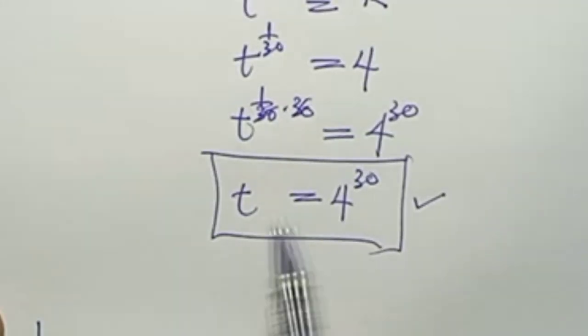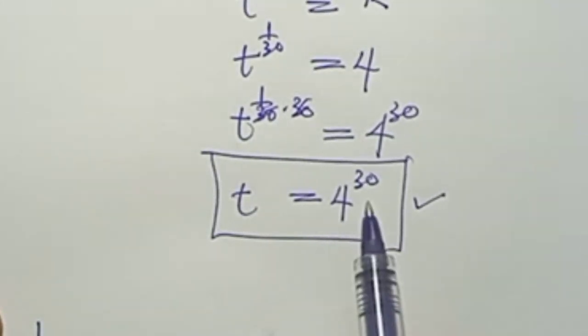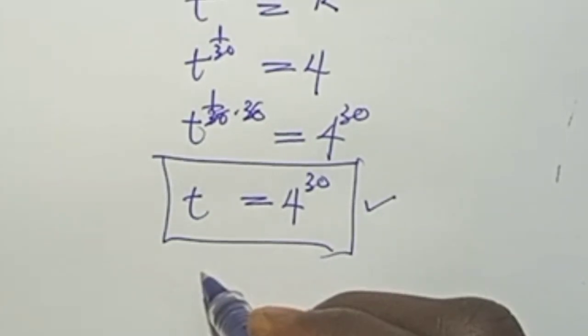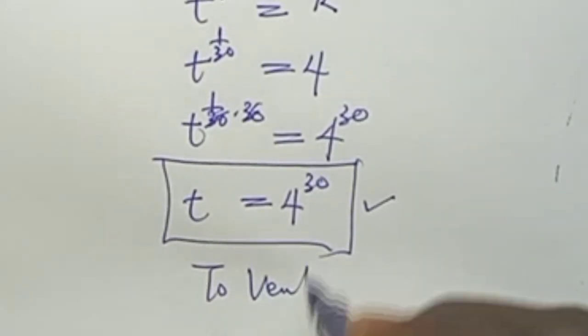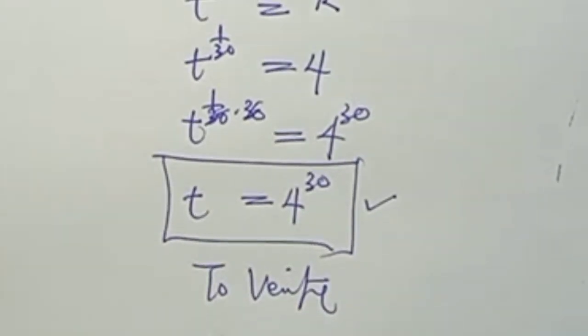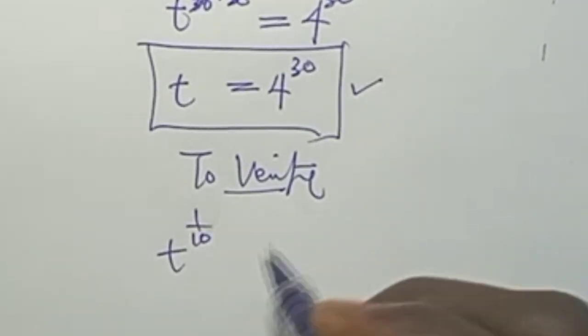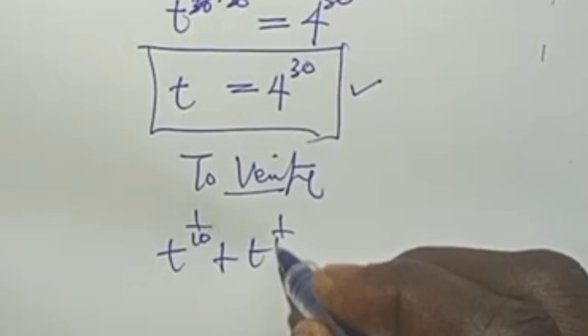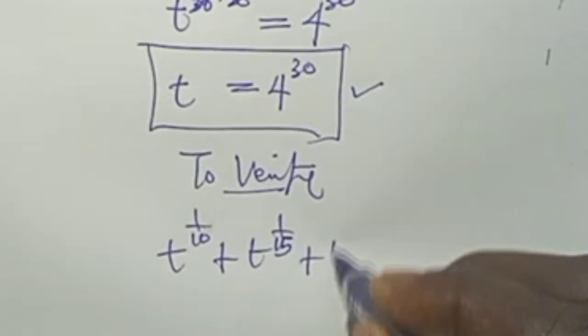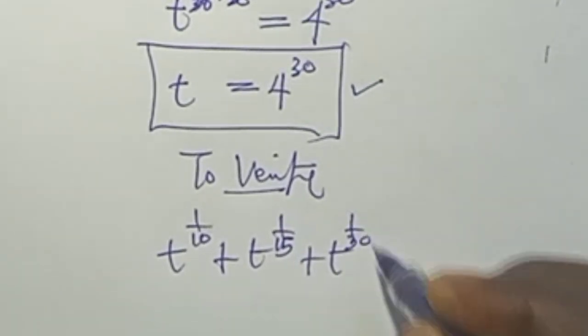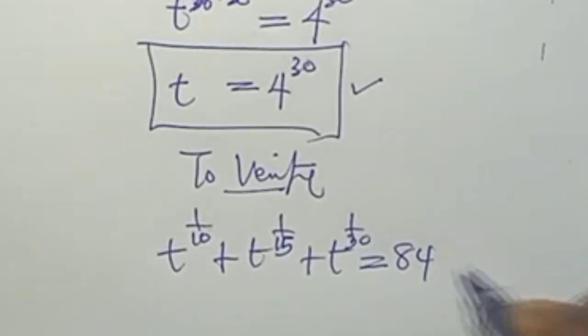So if you want to know if the value of t as 4 to the power of 30 is true, we have to verify it using the original equation that says t to the power of 1 over 10 plus t to the power of 1 over 15 plus t to the power of 1 over 30 is equal to 84.